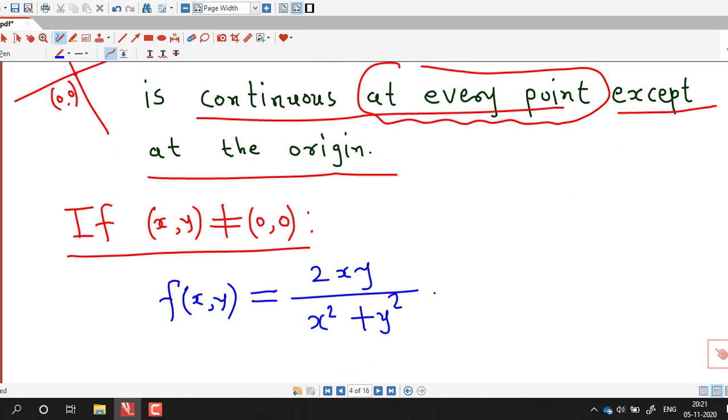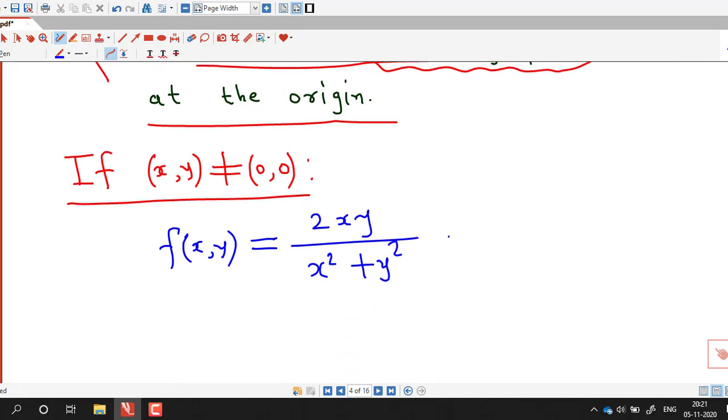So at points different from origin, f(x,y) is a rational function.